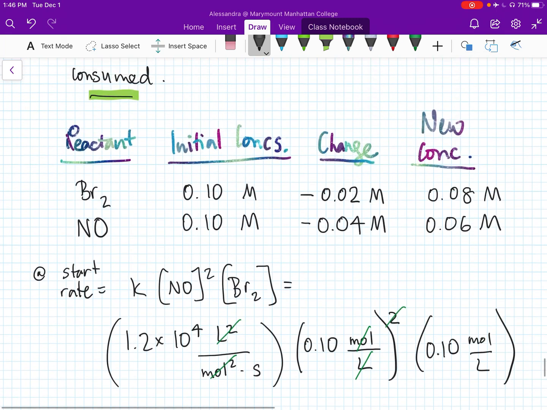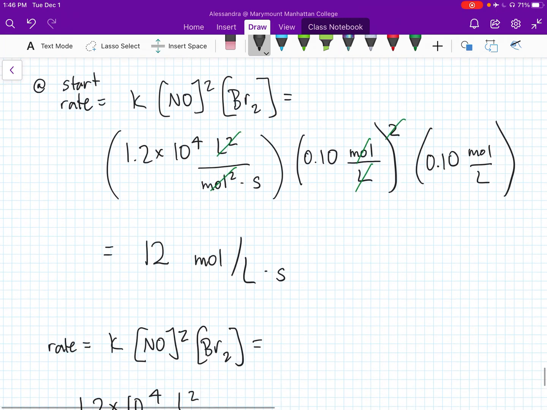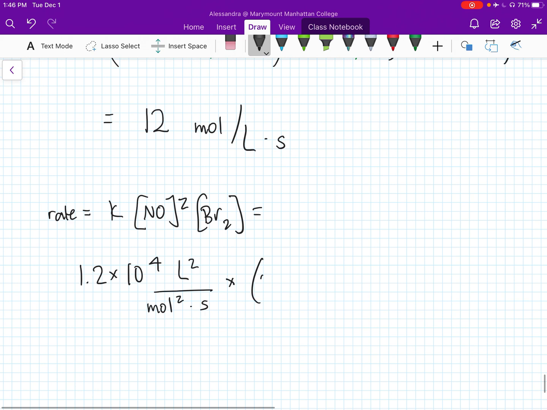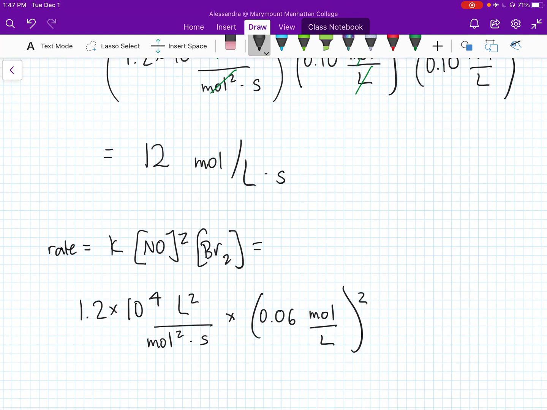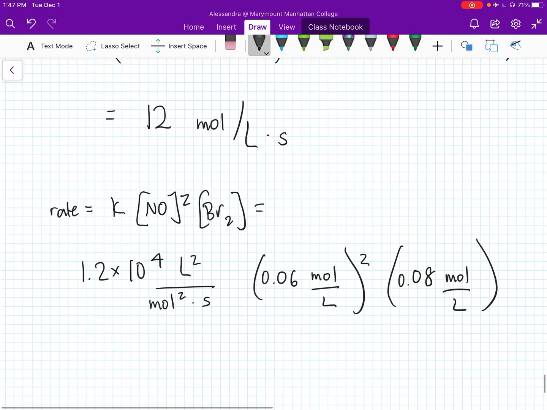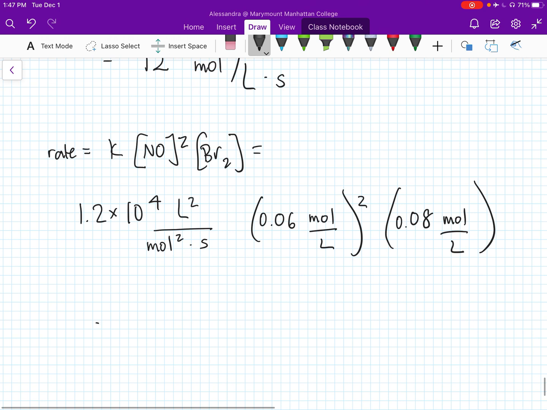So my concentration of NO is 0.06 moles per liter, squared. And I don't want to be confusing, so I'm just going to take out that times sign. And then I have 0.08 moles per liter for the bromine. So if I do that arithmetic, I have 3.5 moles per liter per second as my rate.